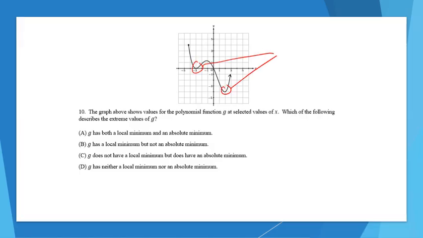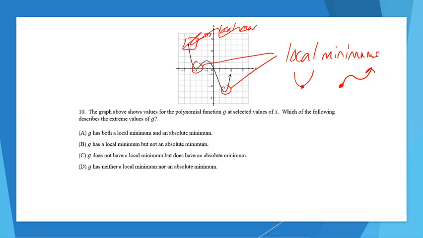So these two are going to be local minimums, which is, remember, local extrema is either going to be a peak, or for minimums, they should be valleys, or if they're the bottom of a restricted domain endpoint. But here, this is the top, so this would technically be a local max. So that doesn't count, but we still have local minimums, though. So we can eliminate C and D, saying it doesn't have a local minimum.